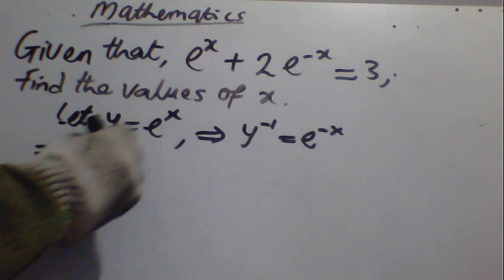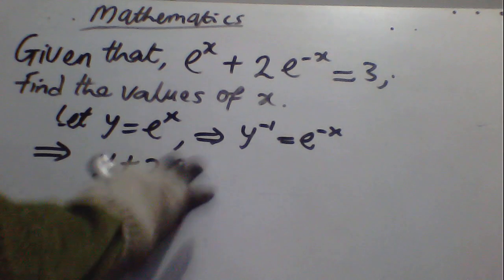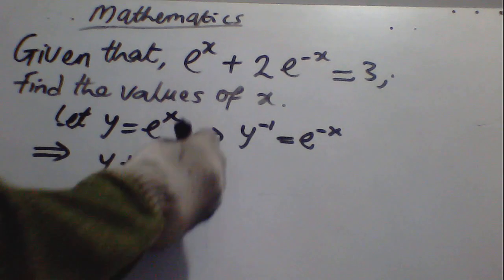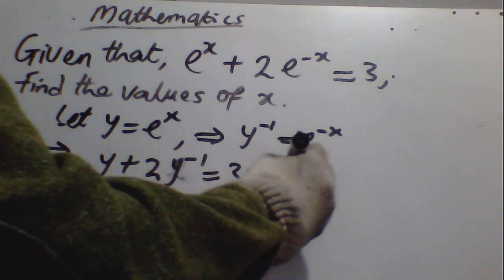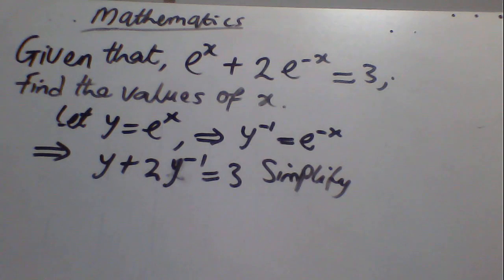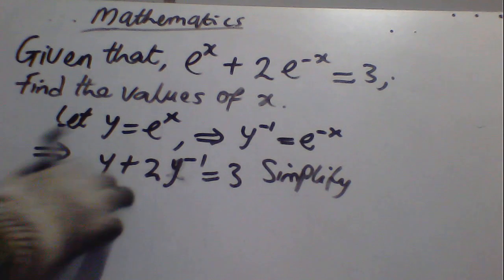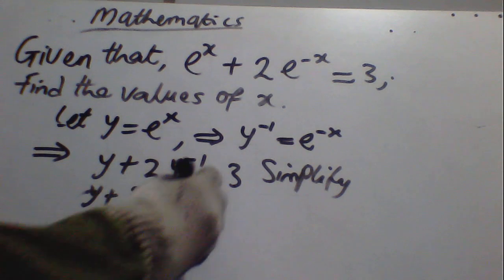In this case, you have y plus 2 times y raised to power minus 1 is equal to 3. So you have to simplify. This is the same as y plus 2 over y is equal to 3.